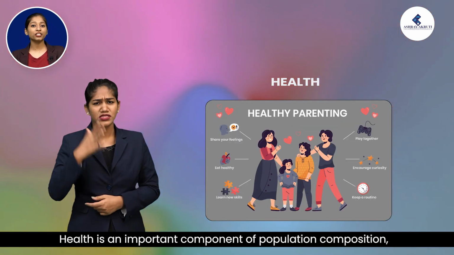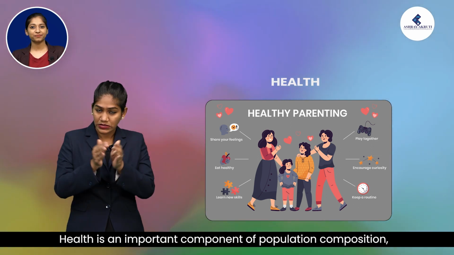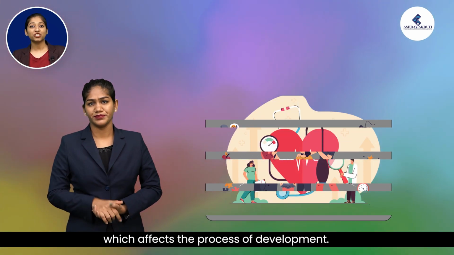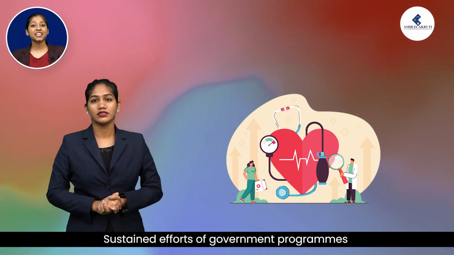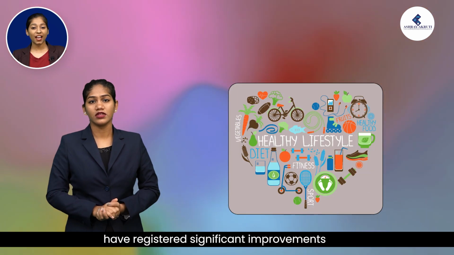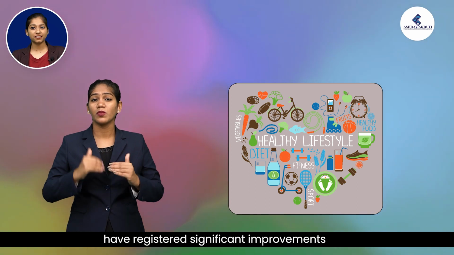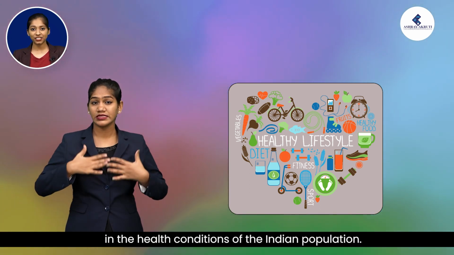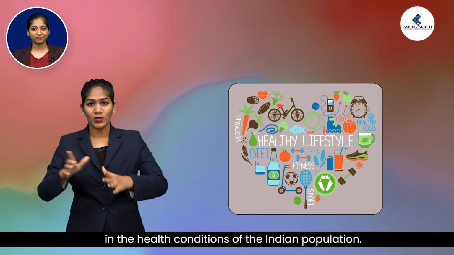Health is an important component of population composition, which affects the process of development. Sustained efforts of government programs have registered significant improvements in the health conditions of the Indian population.